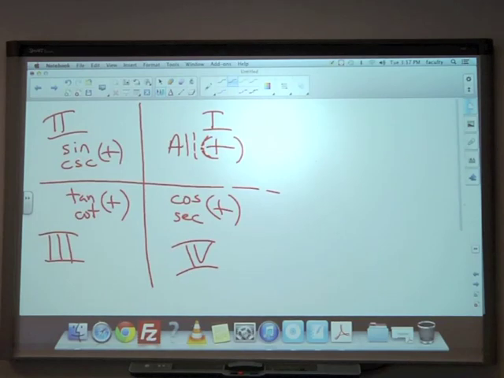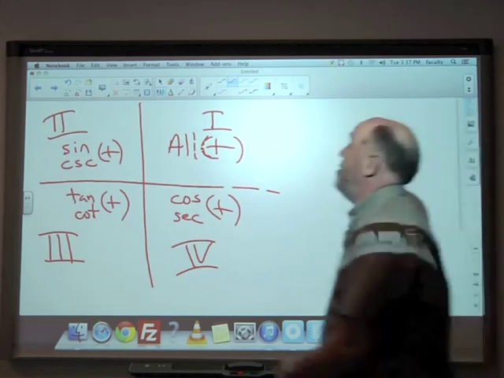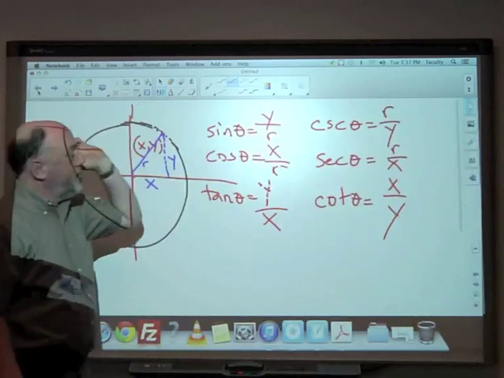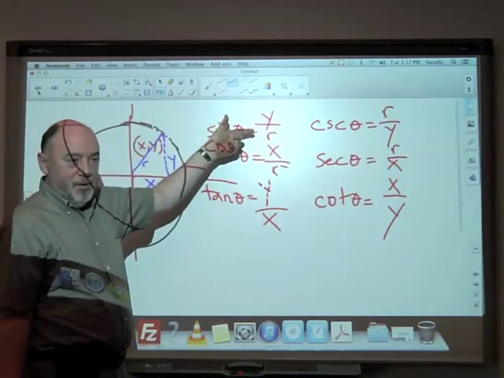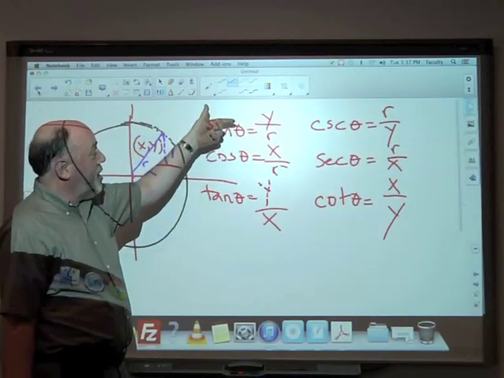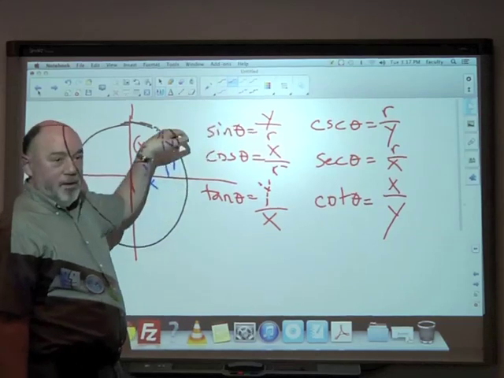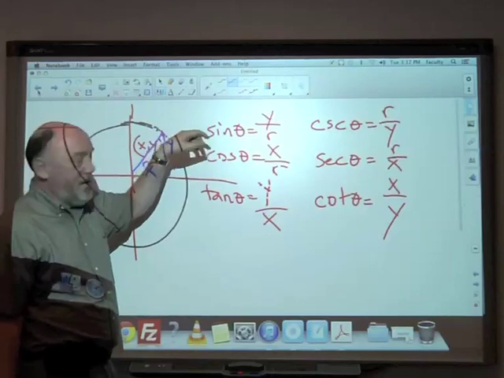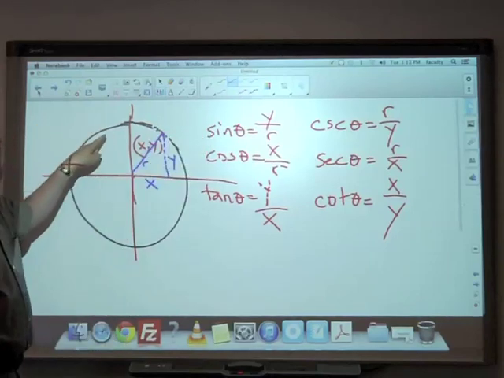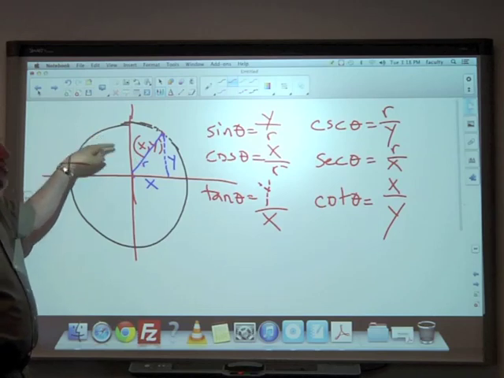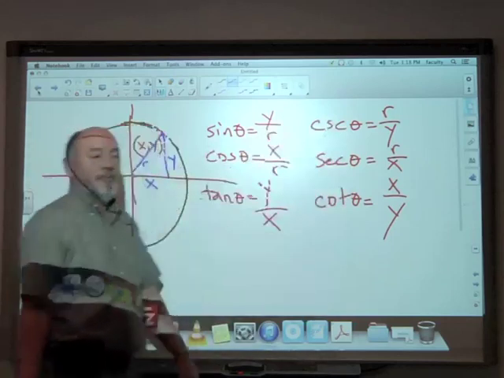How are you finding out which ones are positive? Go back to my chart we had up on the previous page. Here's my chart. In the first quadrant, X and Y are both positive. Right? And R is always positive. In the second quadrant, Y is positive, but X is negative. So anything involving Y and R will be positive: sine, cosecant.